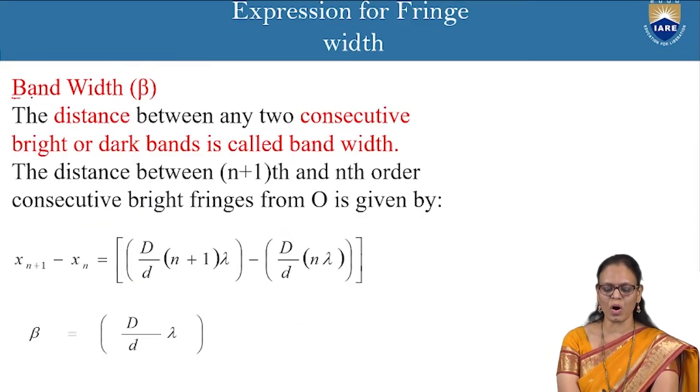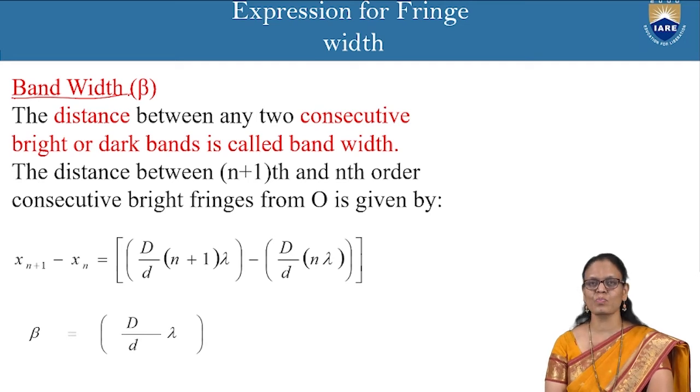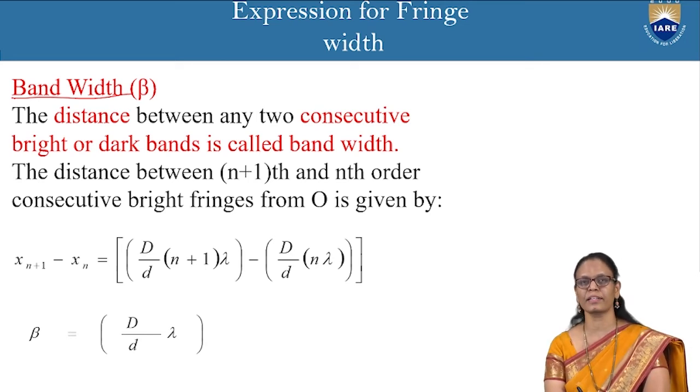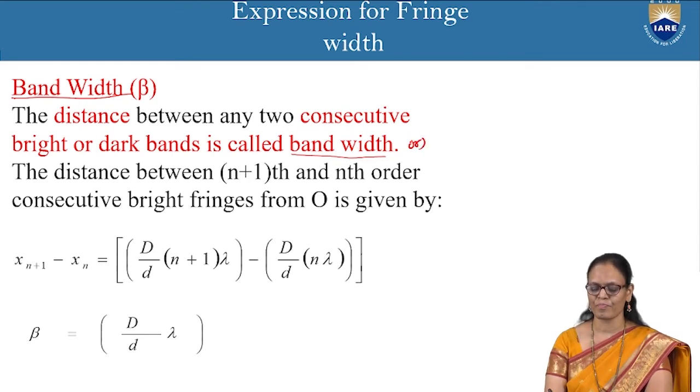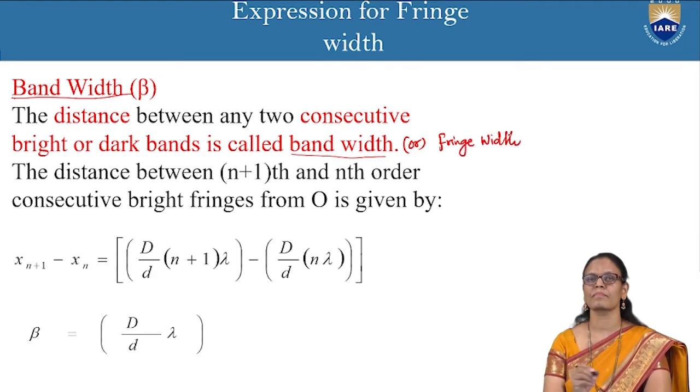So what is fringe width or bandwidth? First, let us understand the definition. The distance between any two consecutive dark or bright bands is called the bandwidth or the fringe width, because we have named the topic fringe width. Otherwise, both mean the same.